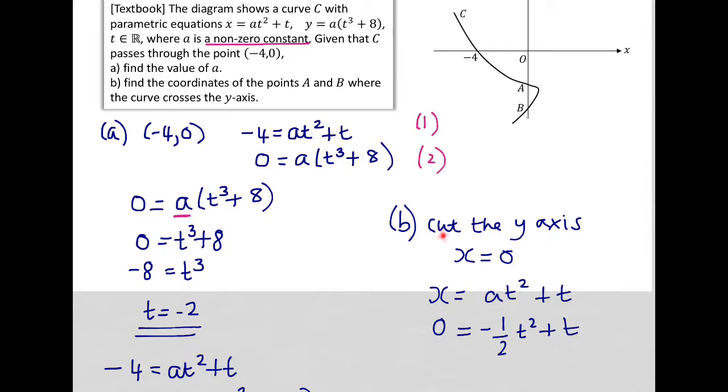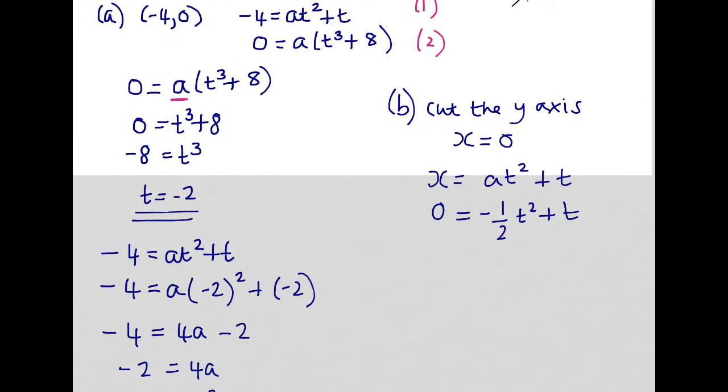Just to remind you, x is 0, and a, which we calculated in part A, was negative a half. Carrying on, we then say, here we're factorising.